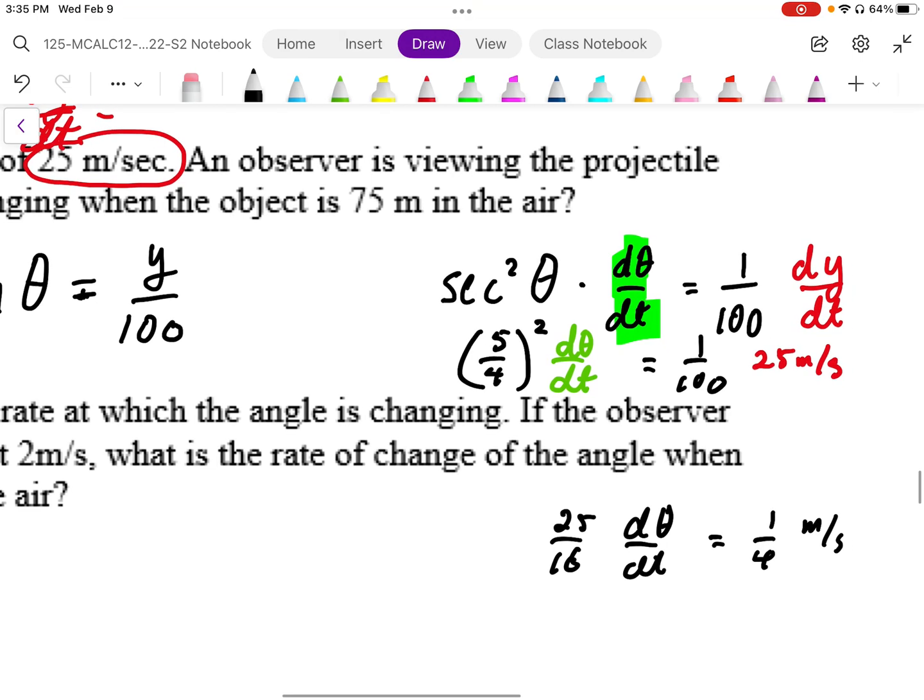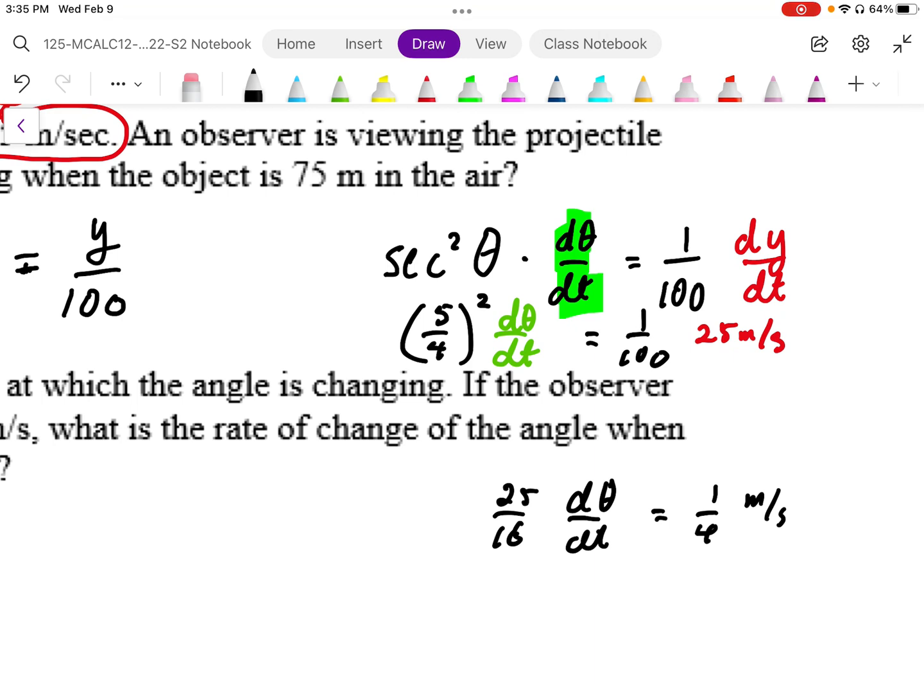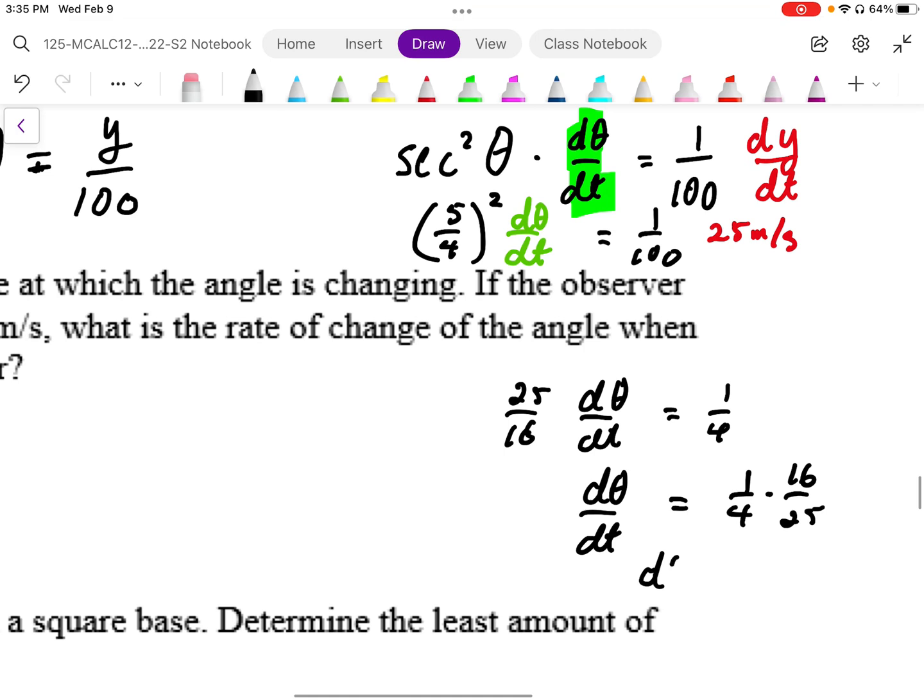Okay, and these units are going to end up canceling out. So d theta by dt is equal to 1 over 4. I'm going to times by 16, divide by 25 on both sides. Some things cancel out. So my d theta by dt, and radians have no units, by the way, is going to end up being 4 over 25 radians per second.